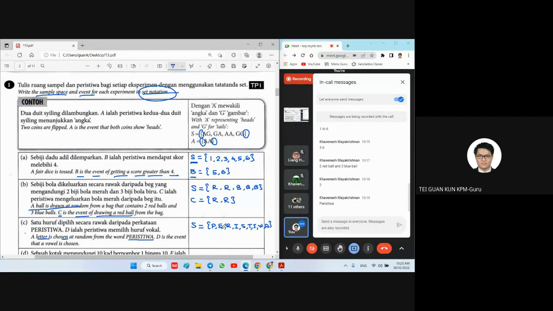P, E, R, I, S, peristiwa. So this is the sample space lah. So this is the possible words, possible letter that you can get lah, that you can chosen lah, yang boleh dipilih lah.